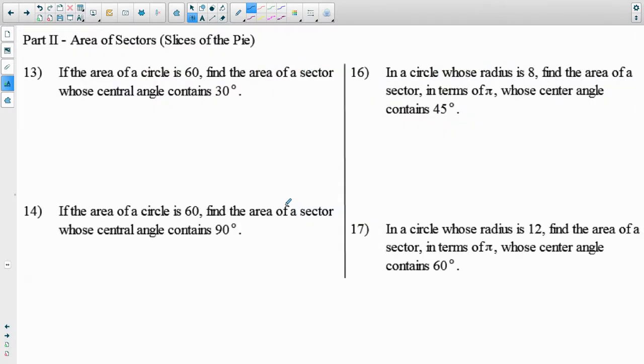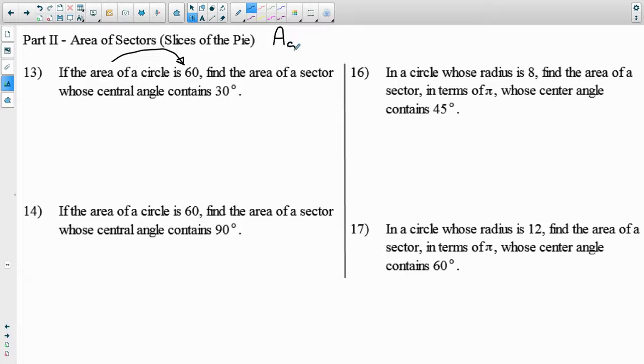Okay, the first two are pretty straightforward because in both of these cases, they're giving me the area of the circle, and they're giving me the area of the circle in a non-pi number that's really easy to work with. So for these first two questions, I'm going to use the formula that looks like this.